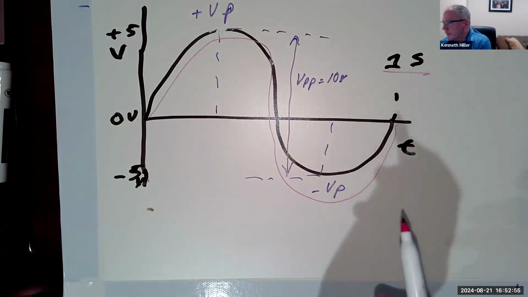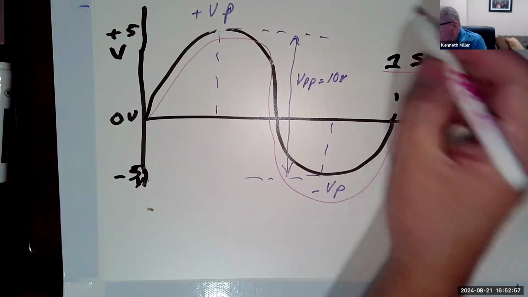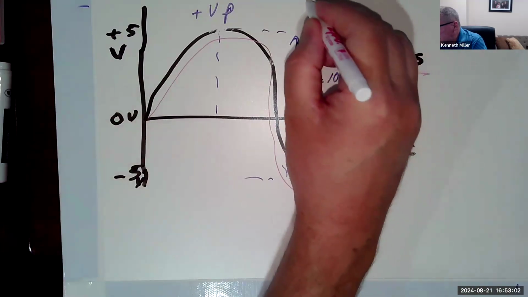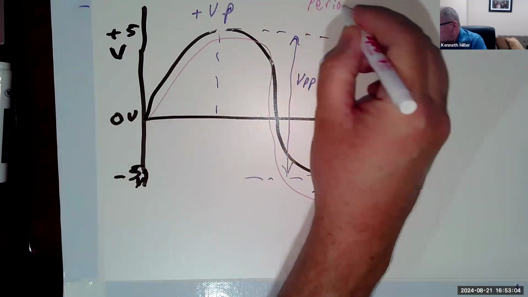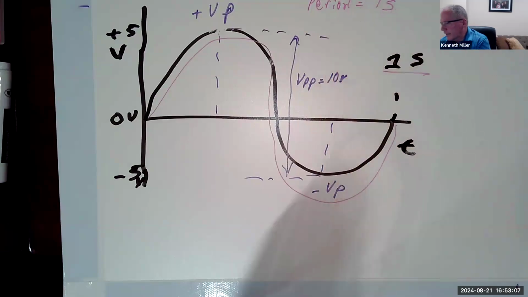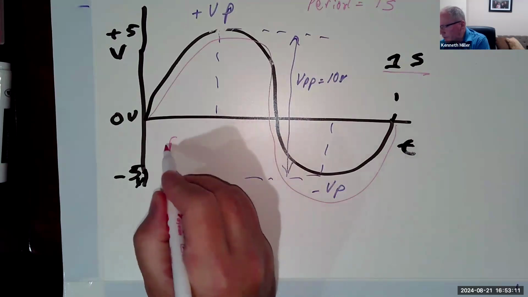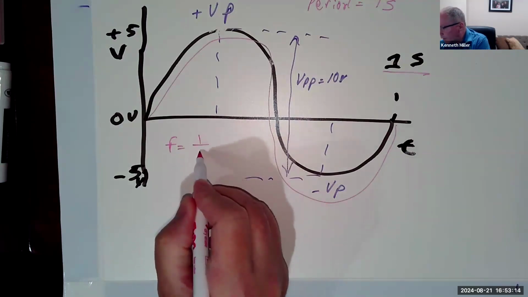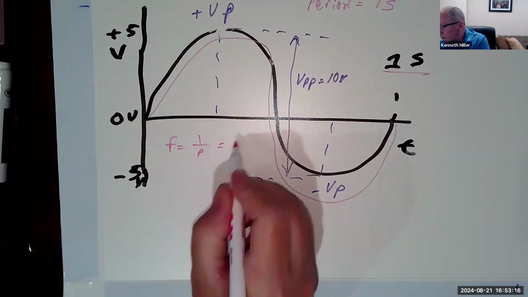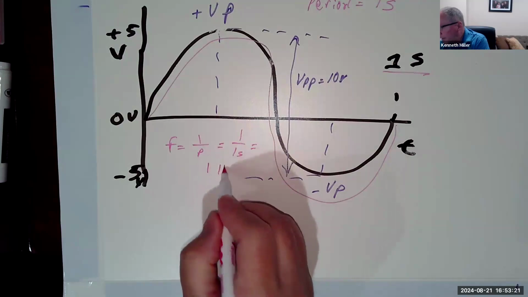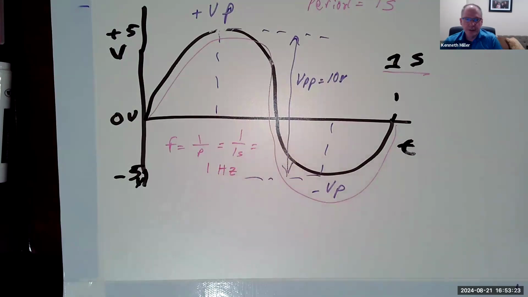So the time, or the period, would be 1 second. And then remember the formula is the frequency equals 1 over the period, which would equal 1 over 1 second, which would be 1 hertz. So the unit for frequency is hertz.